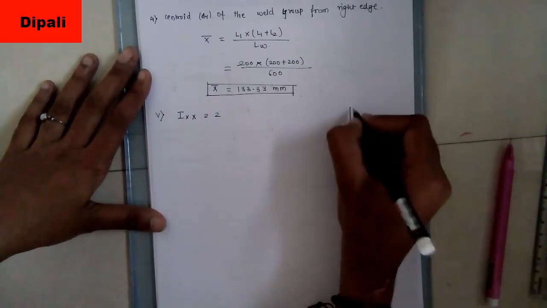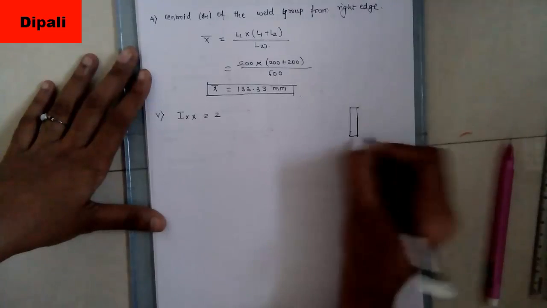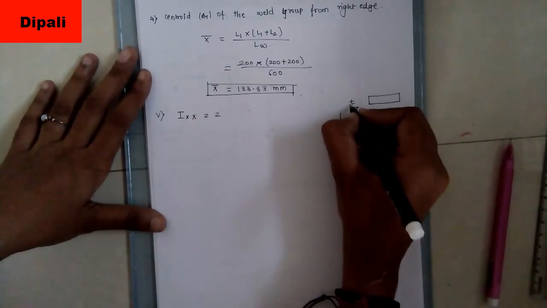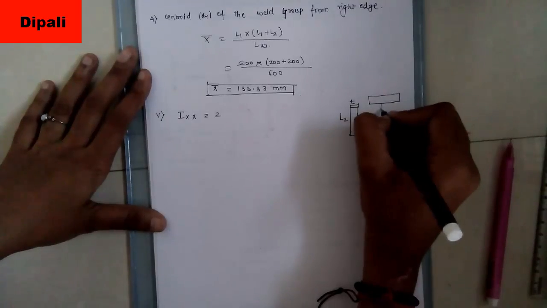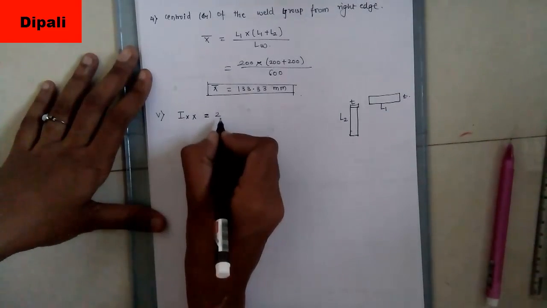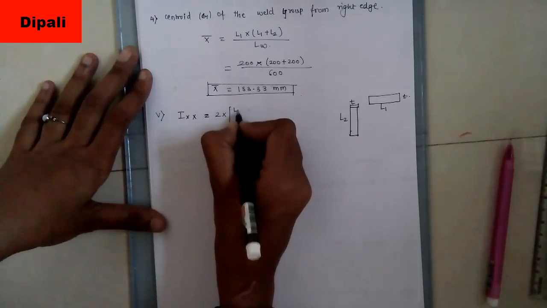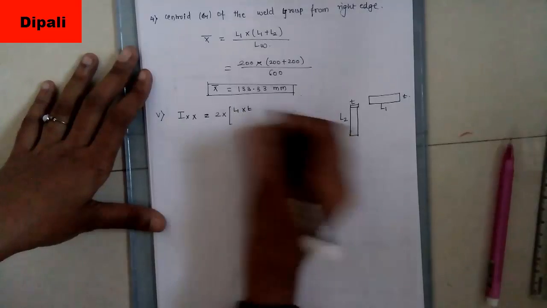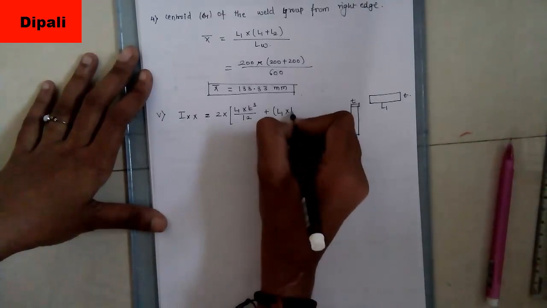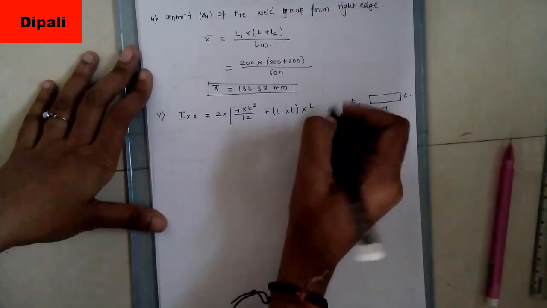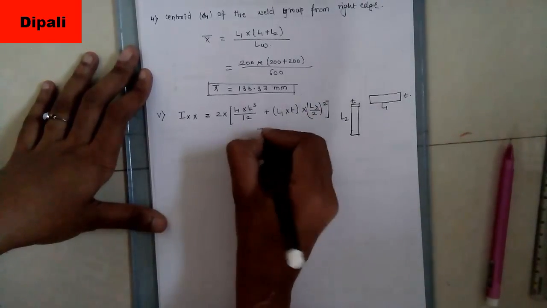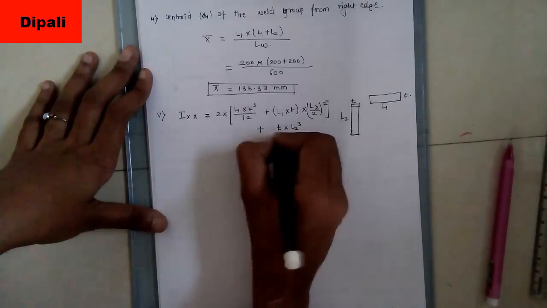For the first diagram, for the column and for the beam also, this is L2 and this distance is T, the throat thickness, and this is L1 and this is T. With the help of these two diagrams we apply the formula: 2 into L1 into T cube upon 12, plus L1 into T into L2 by 2 whole square, plus T into L2 cube by 12.